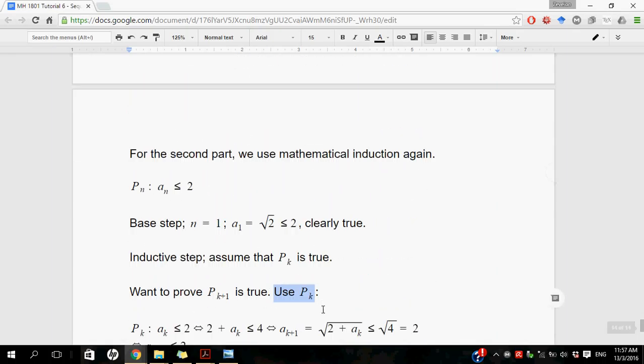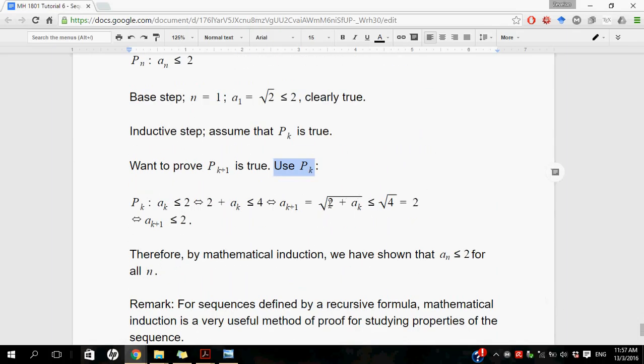So ak plus 1 is this square root of 2 plus ak, and it's less than or equal to square root of 4, which is just 2. Which is just saying that ak plus 1 is less than or equal to 2, and that is the statement pk plus 1.